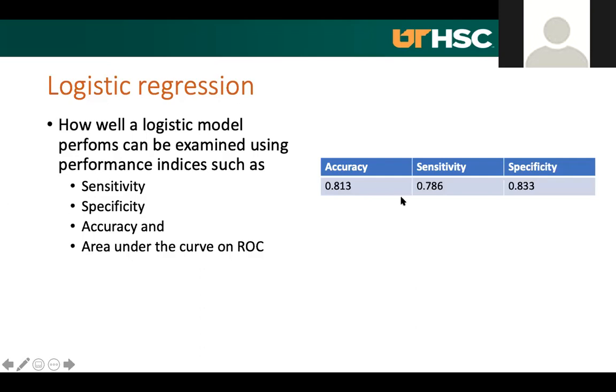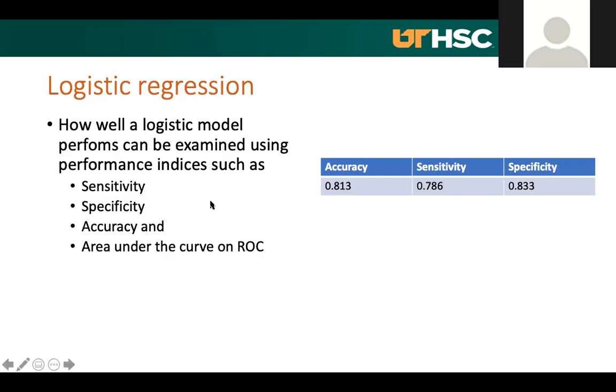For our model on infertility, we have accuracy of about 80 to 81%, a sensitivity of about 0.8 and a specificity of 0.83. This means the model is very good. As the accuracy goes down, or one of the sensitivity or specificity goes down, the model performance is worse.